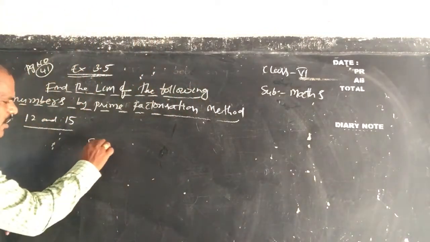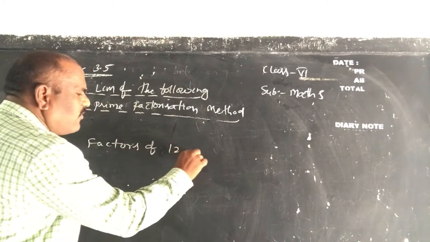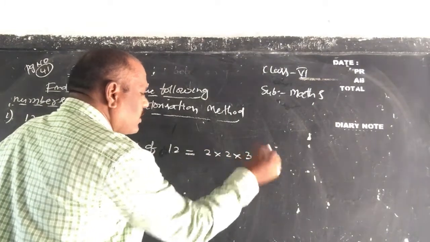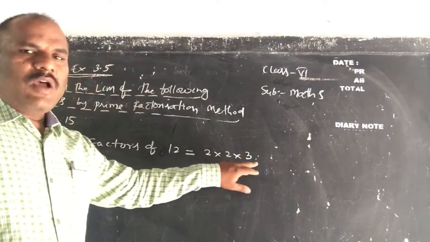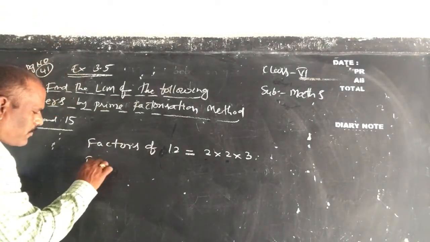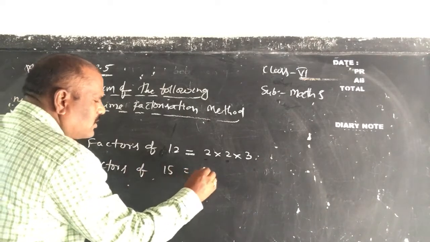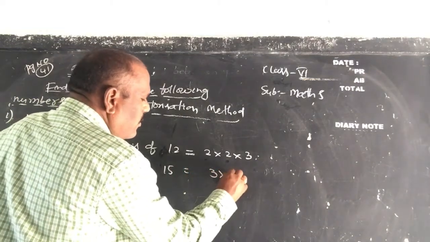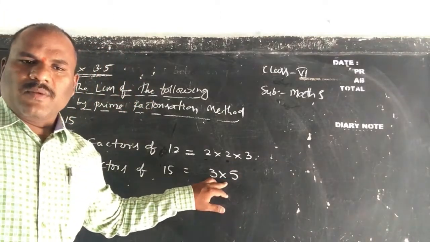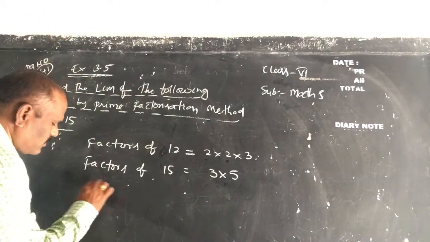Factors of 12: 2 into 2 into 3. Now factors of 15: 3 into 5. They are the prime factors, children.